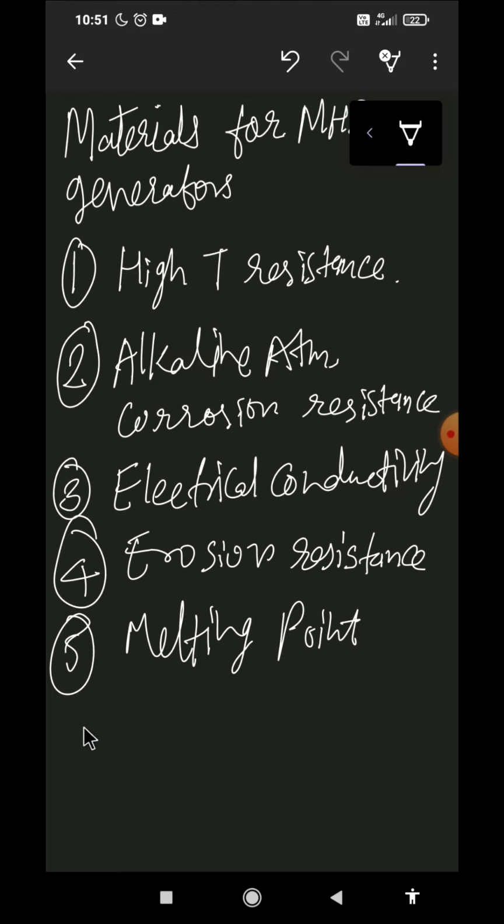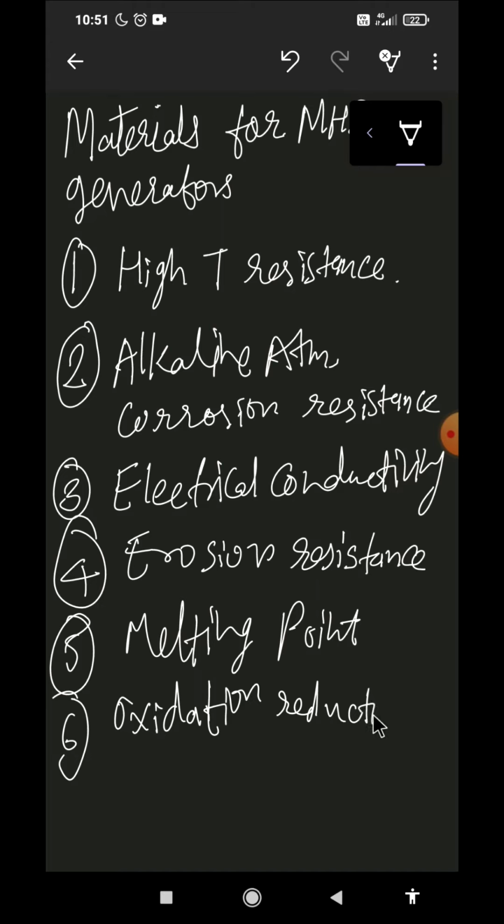Sixth is oxidation and reduction resistance, as we know there may be the possibility of oxidation and reduction, meaning oxygen and hydrogen. So it should be inactive towards oxidation and reduction.